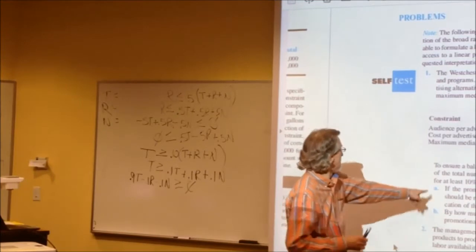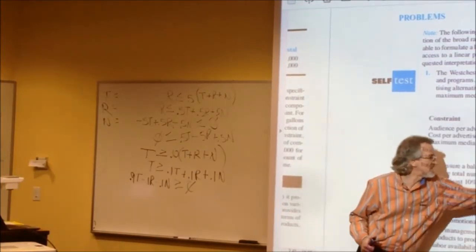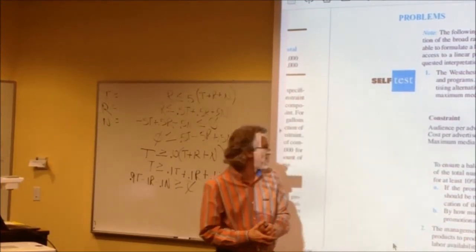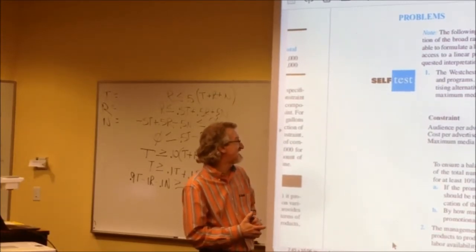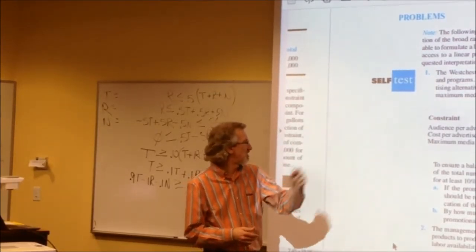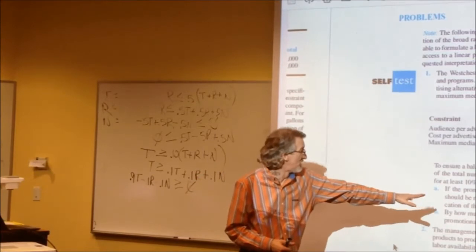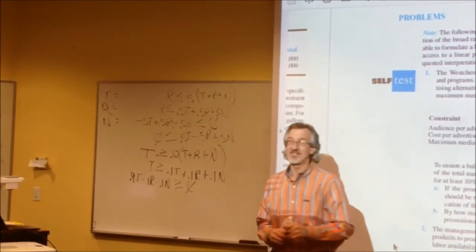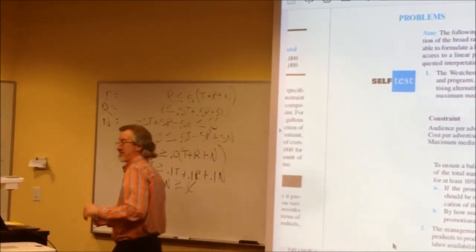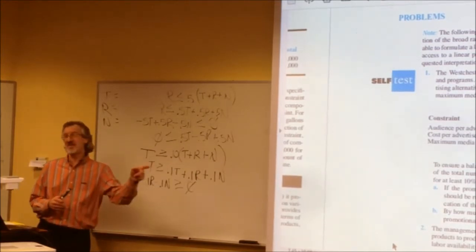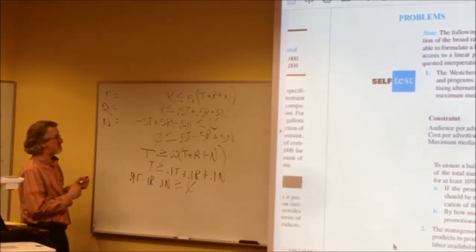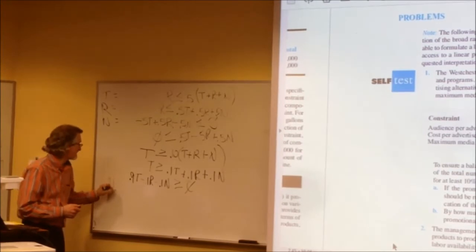Next it says, if the promotion budget is limited to $18,200, how many commercial messages should be run on each medium? Television, radio, newspaper. Let's just stop right there. To maximize total audience contact. Key sentence. Let's write an objective function based on that and we'll go back to the money. Objective function, max or min? Max.